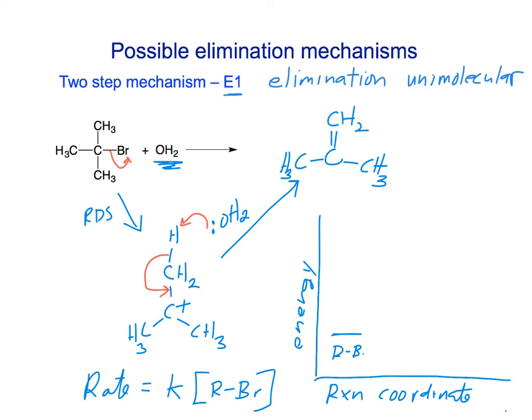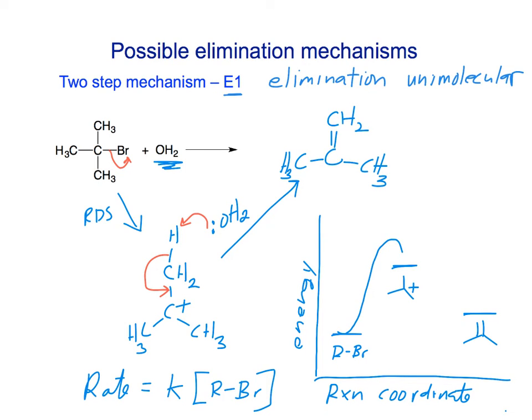I'm just going to use this abbreviation for that. And slightly higher in energy, we're going to get our alkene product. In this reaction, however, there's two steps, so we're going to have two transition states and an intermediate. So here's going to be our intermediate, right? This is our carbocation intermediate.